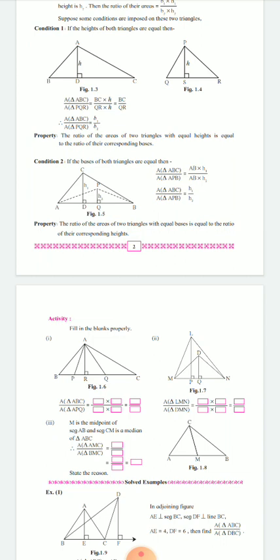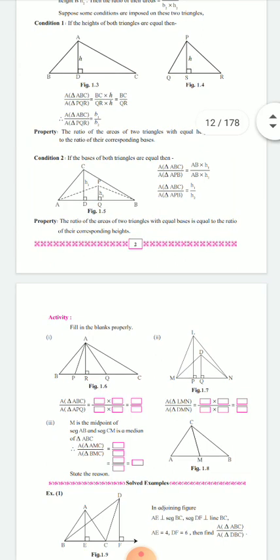that is LP upon DQ. Before that we just have to write down the answer in steps. In the first two blocks, in area of triangle LMN, I have to write the base as MN and height as LP, means MN into LP, and divided by, again the base is MN and the height is DQ. So MN gets cancelled out, and you can write LP upon DQ in the given blank space.